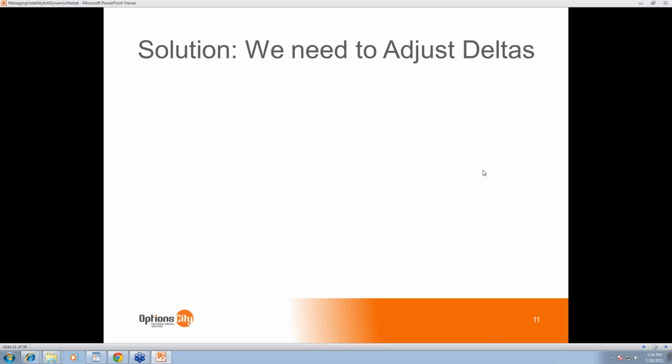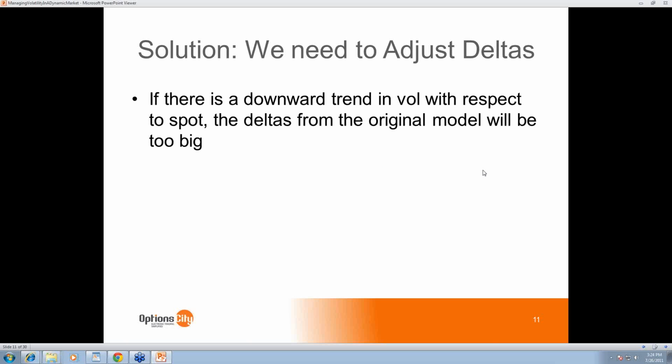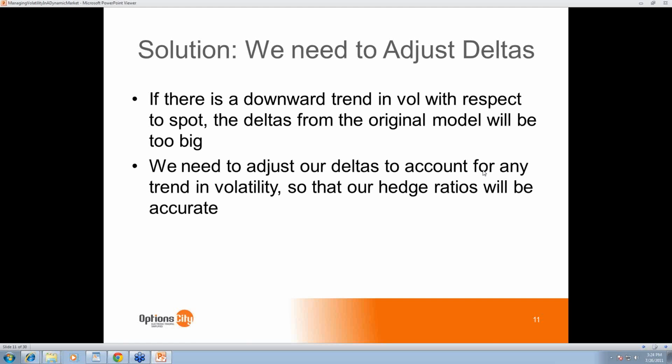So we need to adjust our deltas to account for this trend. If we have a downward trend, like with the S&Ps, then the deltas are going to be too big, and we need to adjust them so that the hedge ratios will be accurate.